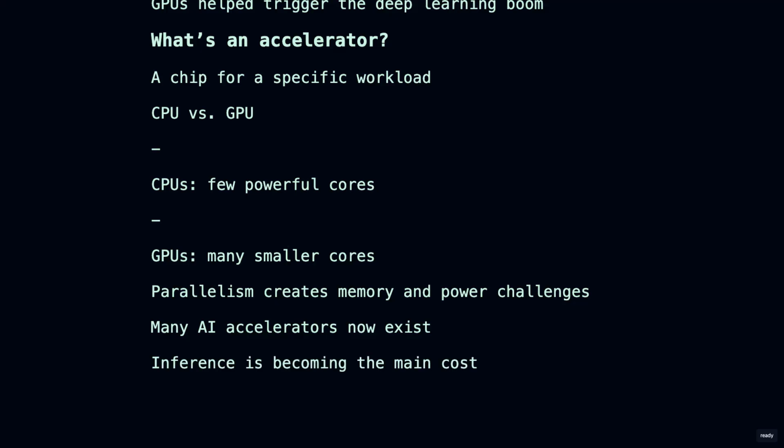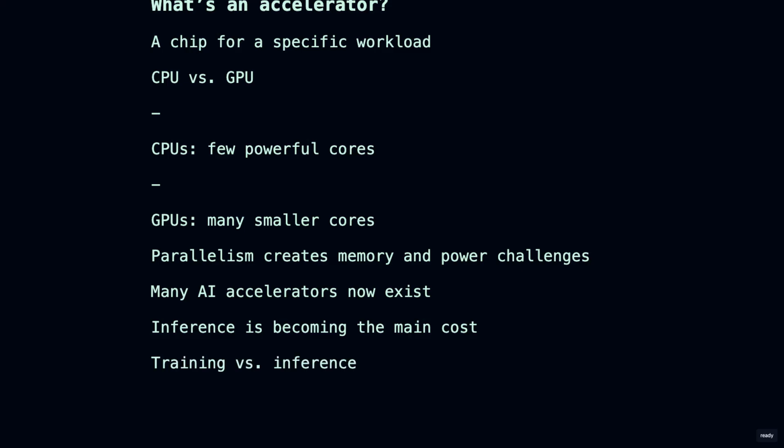A major trend is that inference can cost more than training once systems are deployed. That's why chips optimized for serving models are getting so much attention. Training needs more memory because of backpropagation, and it usually cares about throughput.